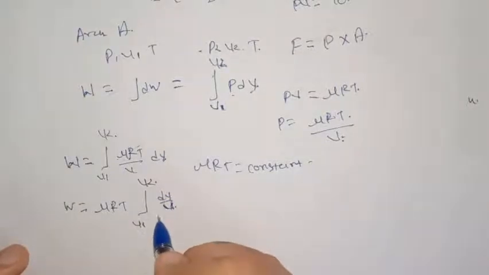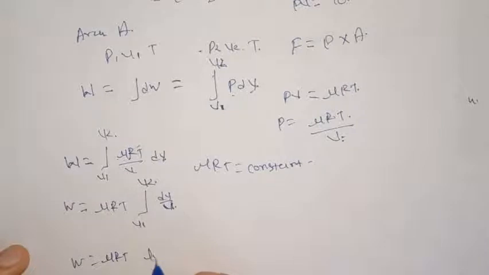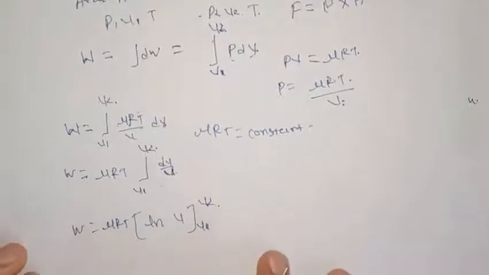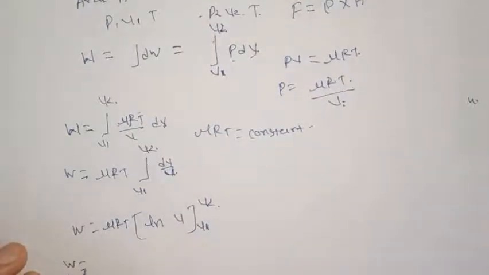The integration of 1 upon V will be equal to ln V, limits from V1 to V2. So work done will be equal to μRT (ln V2 minus ln V1).